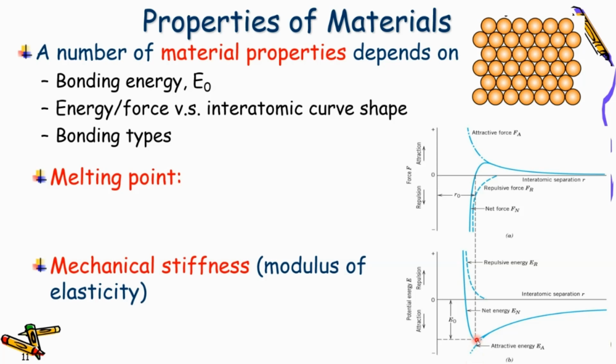The bonding energy of A is lower than the bonding energy of B. Please tell me, of the melting point of A and the melting point of B, which one is higher?